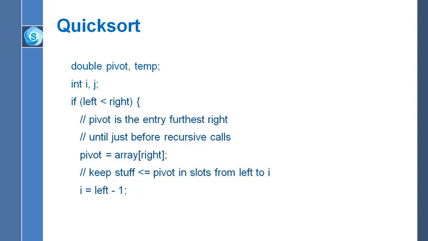Also, i, which corresponds to the red arrow, is initially set to 1 less than left. Since it's set to 1 less than left, the red arrow is pointing just before the portion of the array that we're trying to sort.